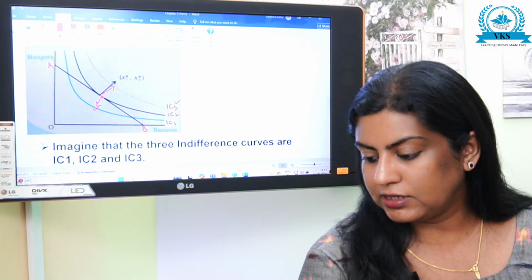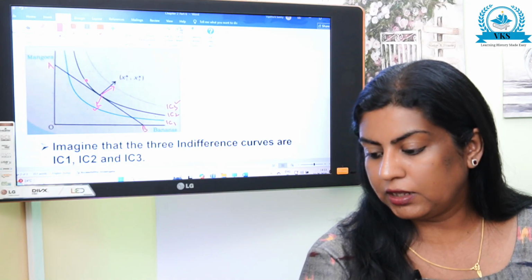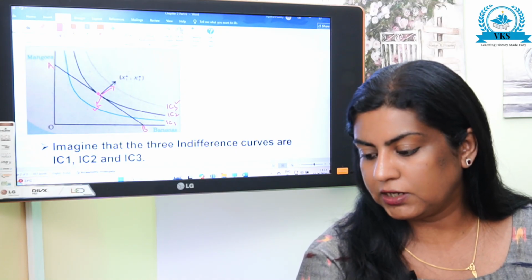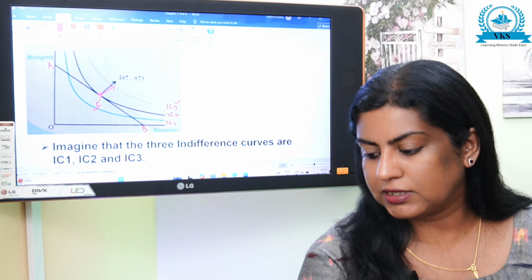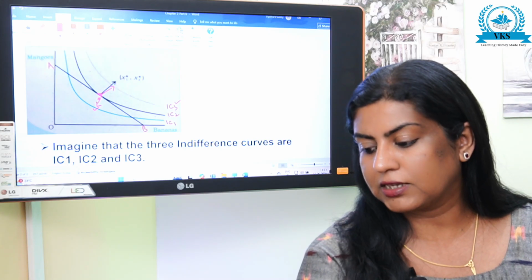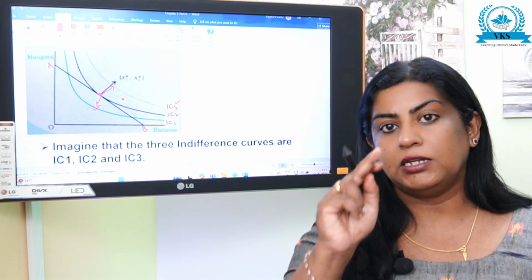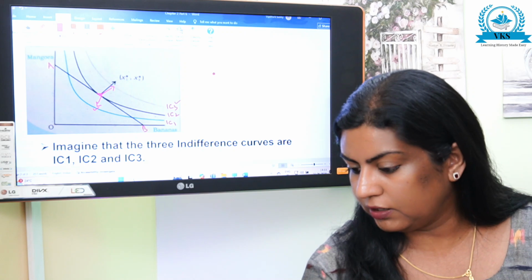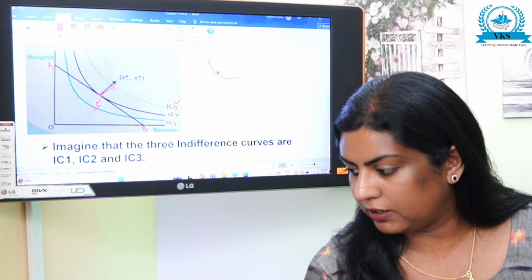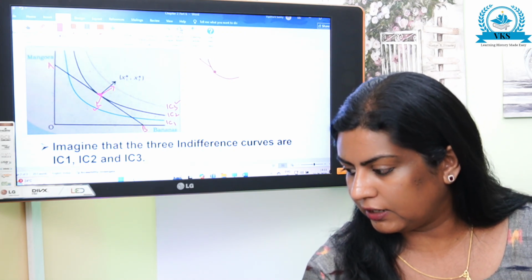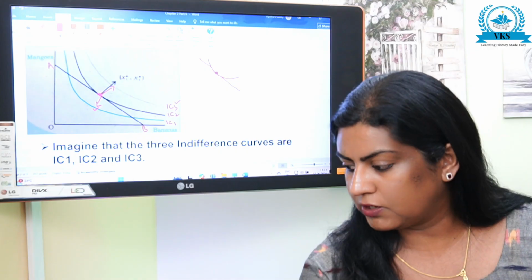That is IC2 here. See, when the indifference curve and the budget line are tangent, that is, see this point, the indifference curve and the budget line meet together. So here the indifference curve and exactly the budget line will meet together.